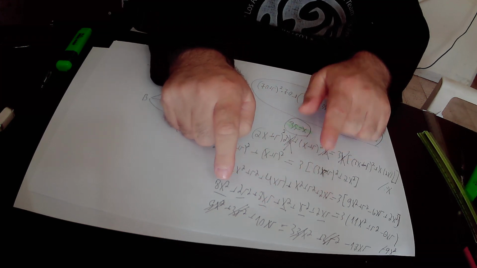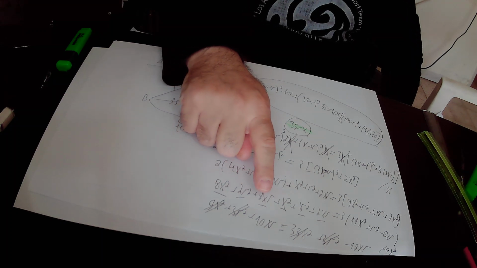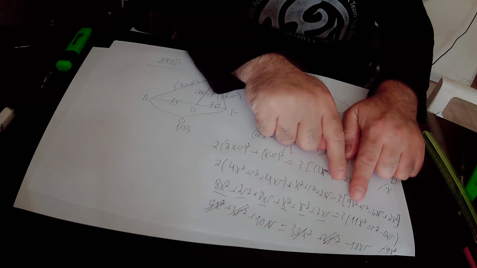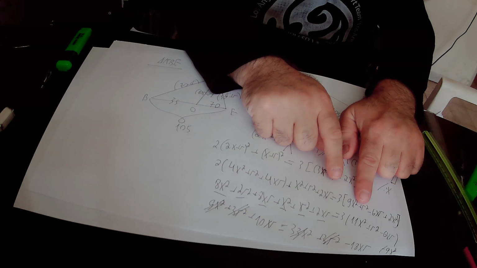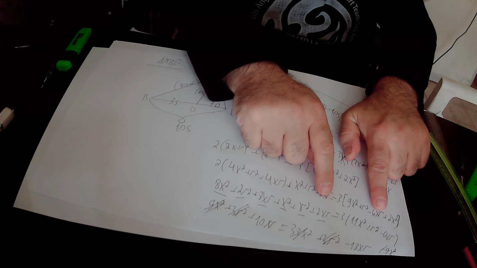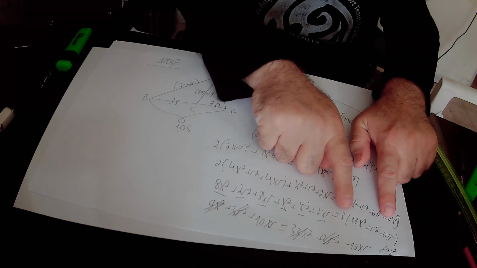So in total, on this side of the equation, we have 9x squared plus 3R squared plus 10xR equals to, we open the brackets on the other side of the equation, and we have here 3 times 11x squared, which is 33x squared, and 3 times R squared is 3R squared, and 3 times minus 6xR is minus 18xR.